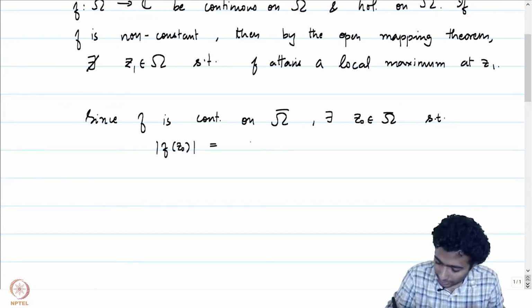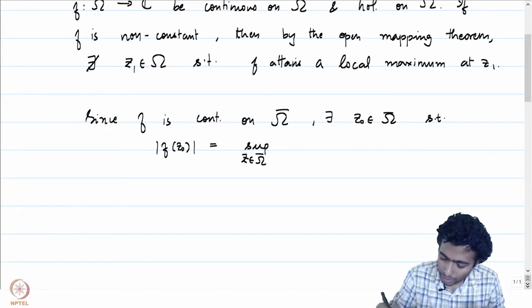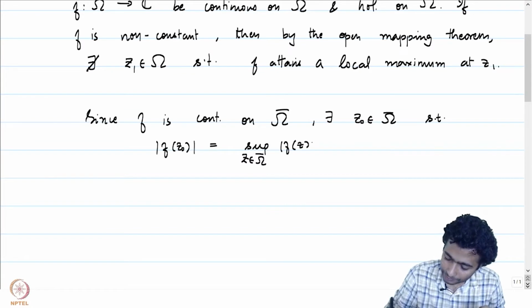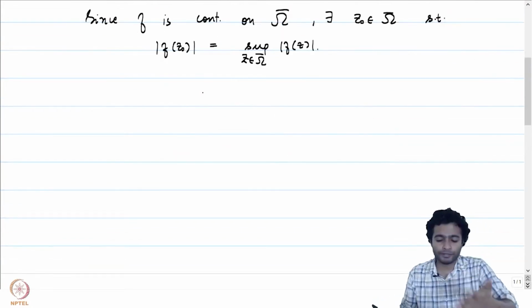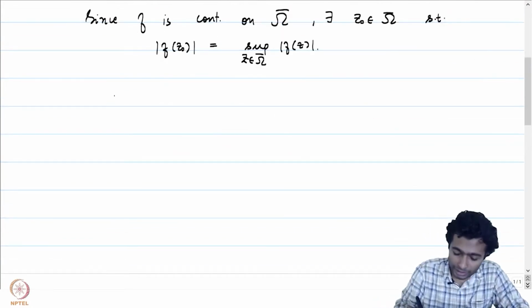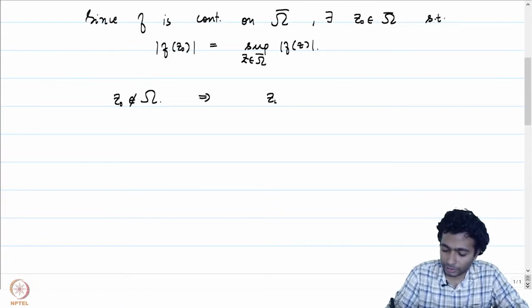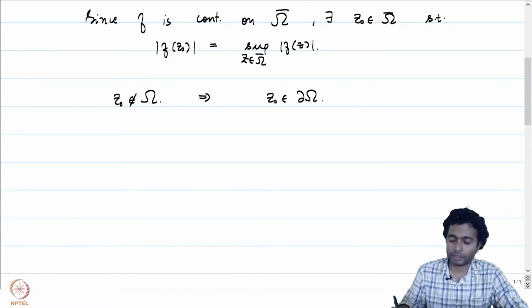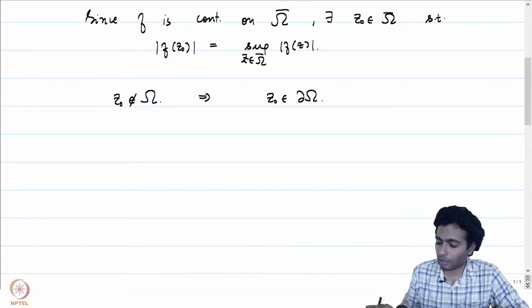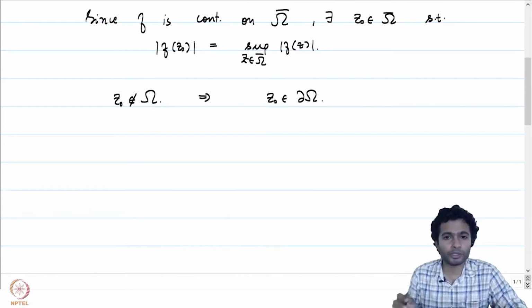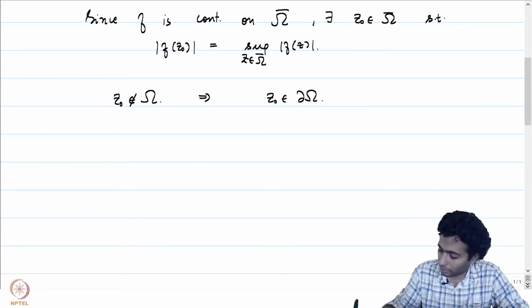Because it's compact, we can say this, right? By the previous discussion, our point z0 cannot be in the domain omega, and hence the point z0 is in the boundary of omega, and that's the exact statement of the maximum modulus principle we are going to discuss in this particular lecture.